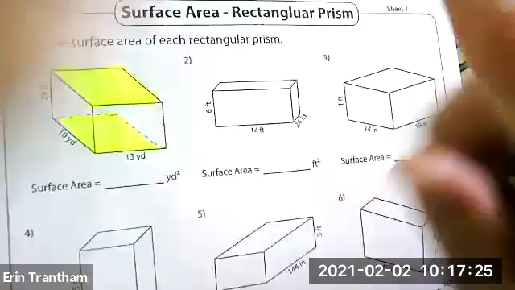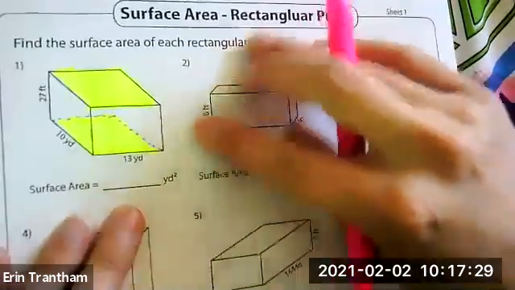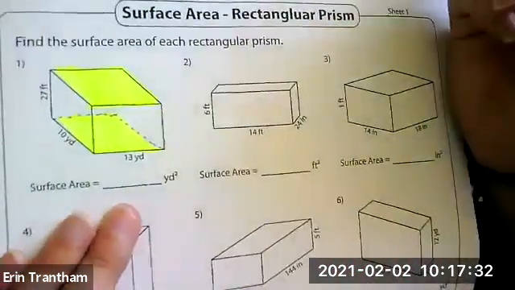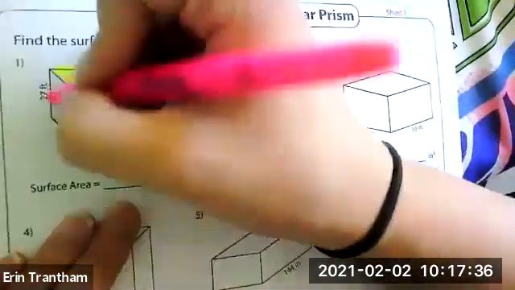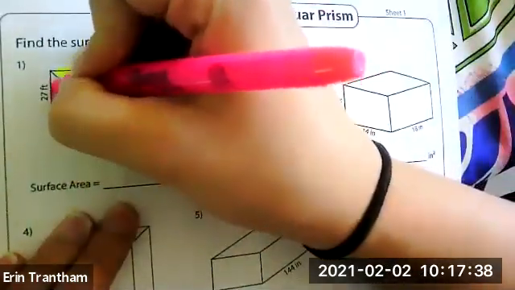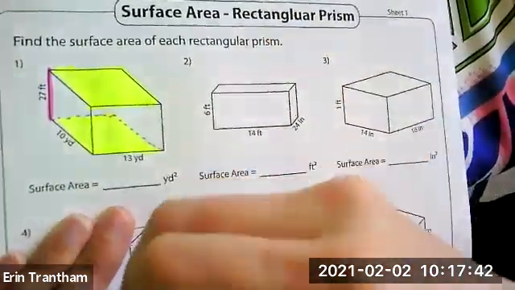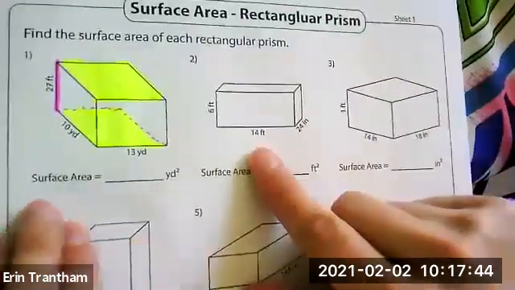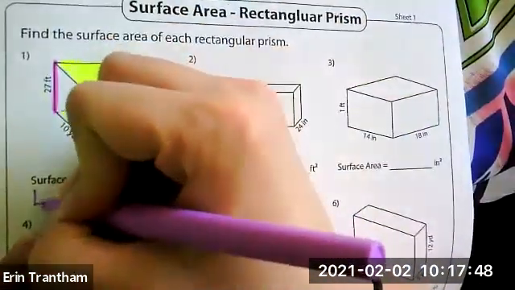Okay. We're going to highlight our height pink. So based on this rectangular prism, what number is my height? 27. This is the measurement that's connecting one base to the other base. We only use that one. Underneath this surface area right here, we're going to write LA for lateral surface area.